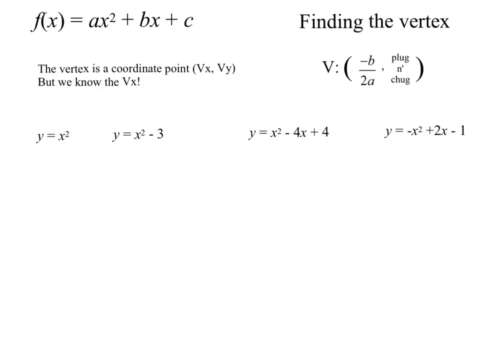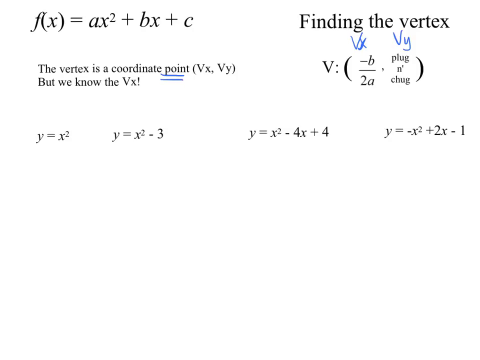We are going to find first the x-coordinate of the vertex. That is the opposite of b over 2a, which are just the coefficients of the quadratic equation. In order to find the y-coordinate of the vertex, we're going to plug the value for x back into the original equation. So again, the vertex is a coordinate point, and it does have two components.